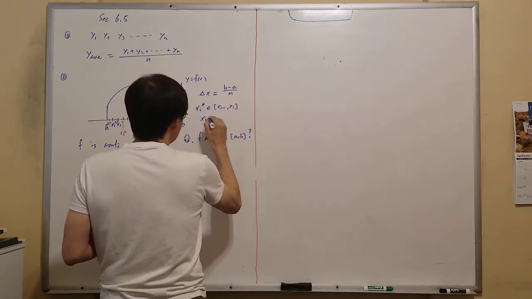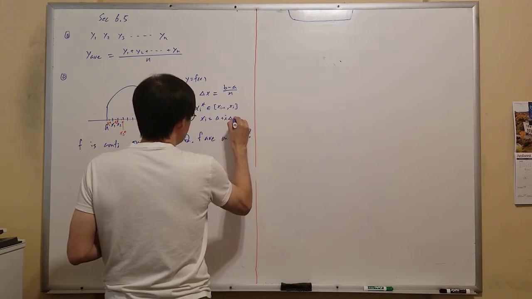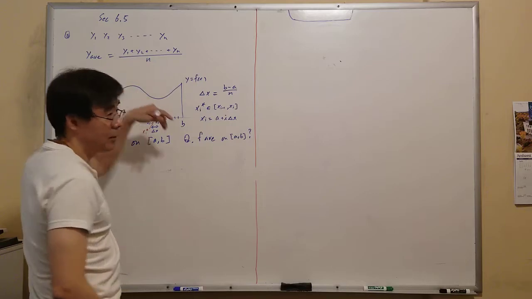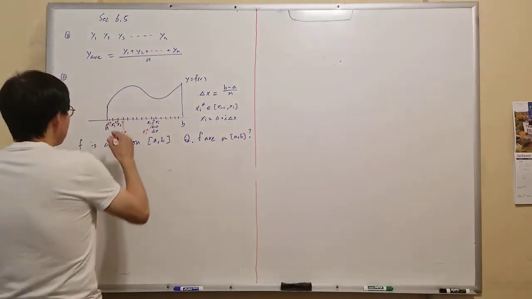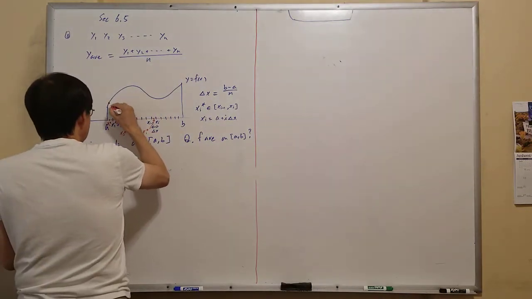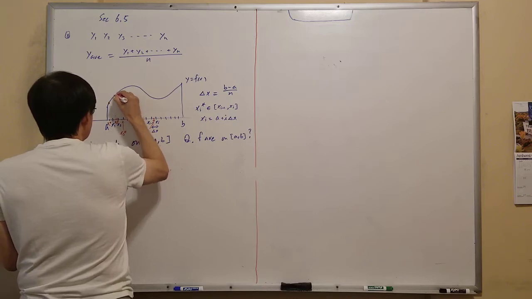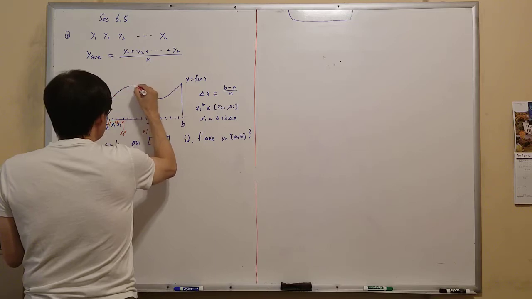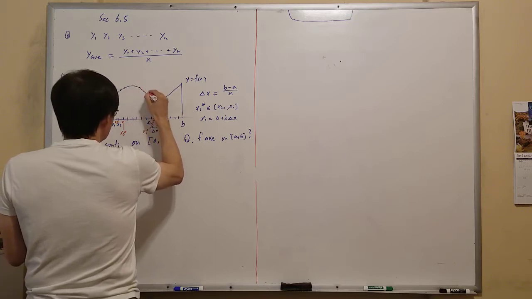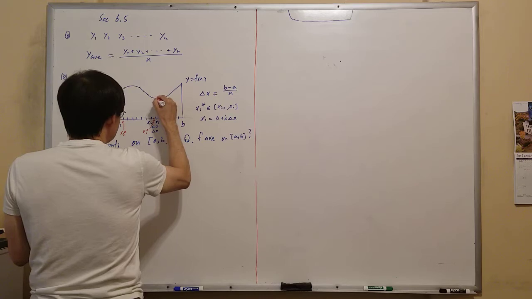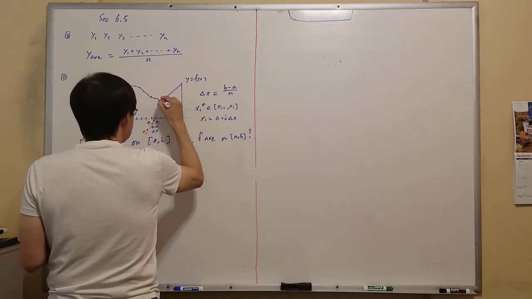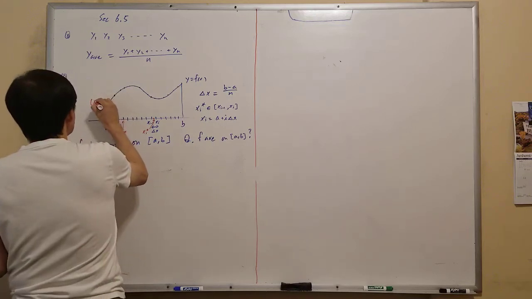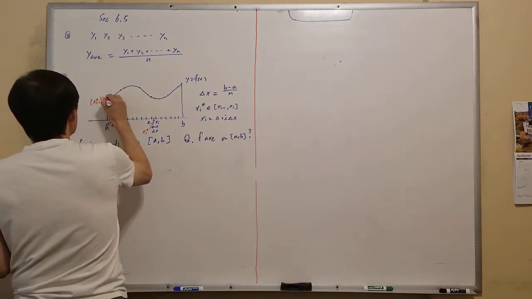By the way, xi is a plus i delta x, usually. So, instead of thinking about a continuous function, we think about the n data, f of x1 star, up to f of xi star.